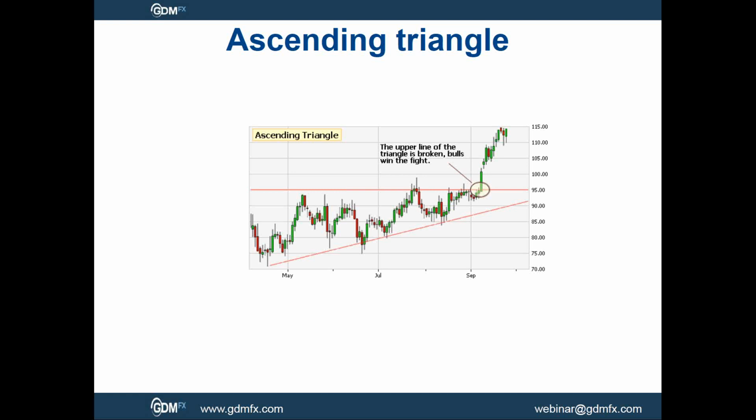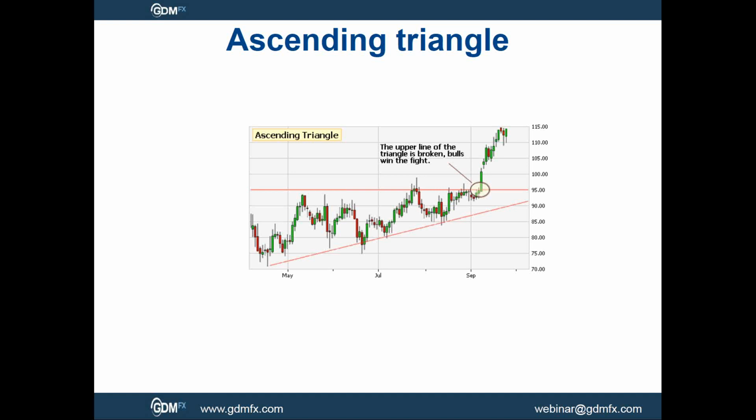The two trend lines, one declining, one upwards, are at one and the same angle or very close to it. Then we can expect the breakoff from those lines in either direction. But in the ascending triangle, it is a bullish pattern, which gives an indication that the price of that particular currency pair or commodity that you're trading is headed higher upon completion.